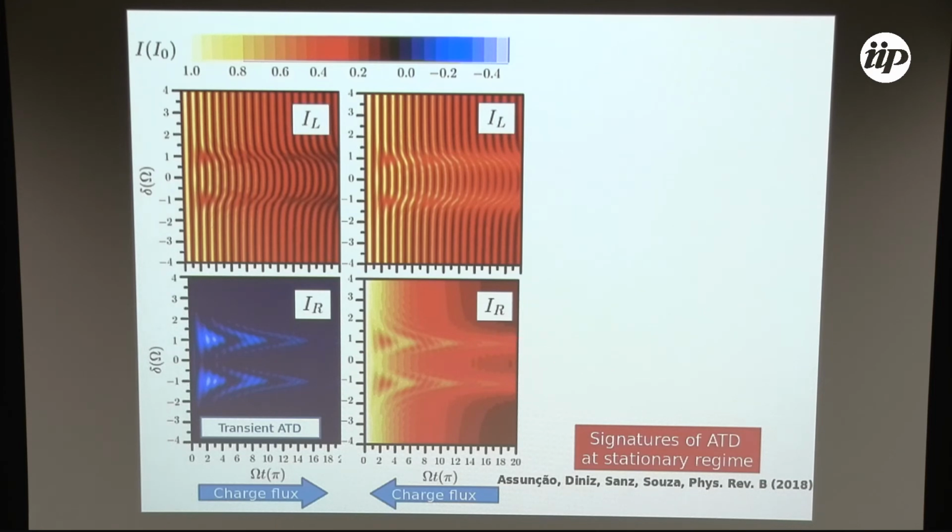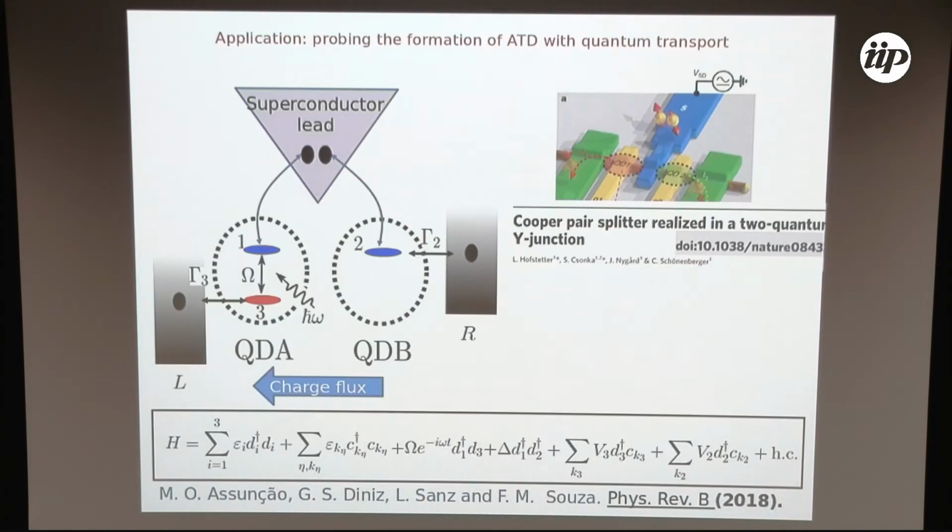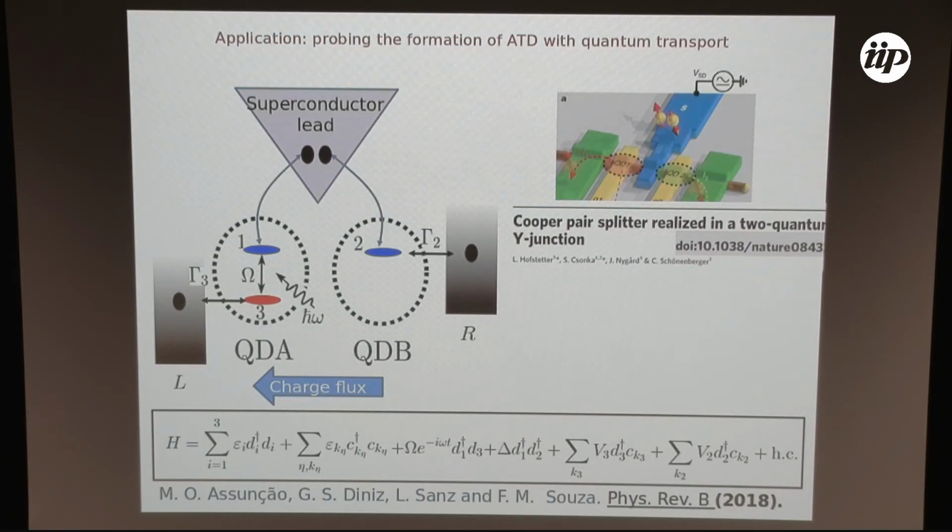So in the stationary regime, we end up with 2 peaks of the current for this particular detuning, when the detuning is equal to omega. Omega gives you the optical coupling between the valence and the conduction band, as you can see in this term of the Hamiltonian.